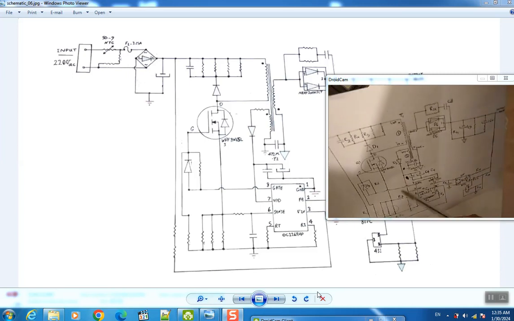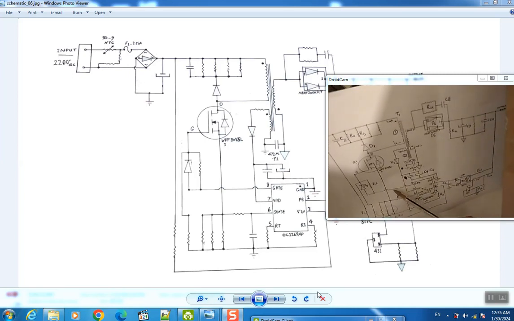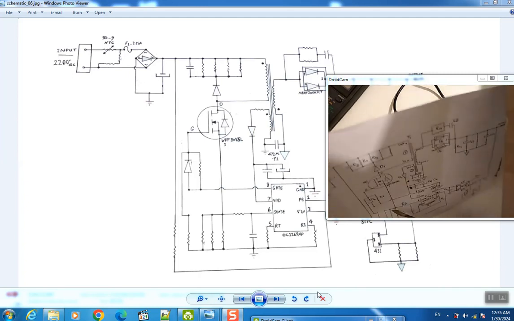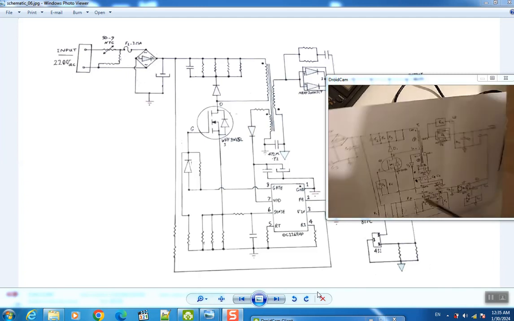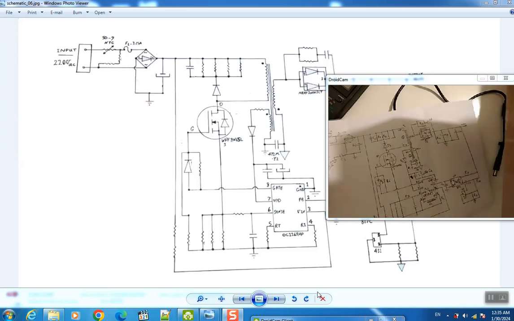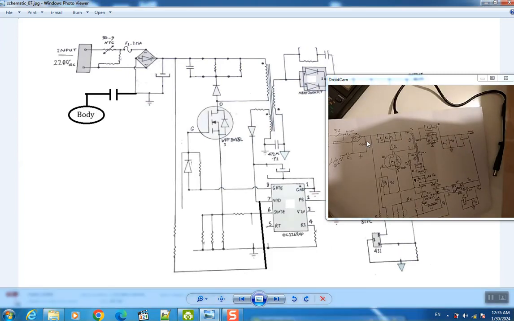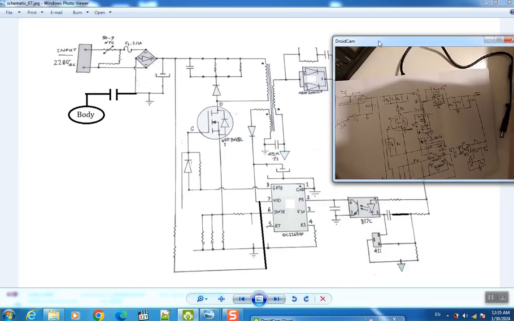There are some elements which have not been used in this board, and I can remove them from the diagram. I can edit my diagram, something like this.